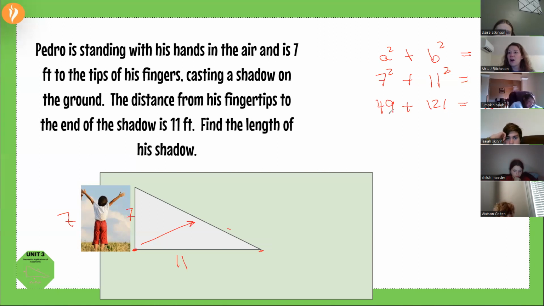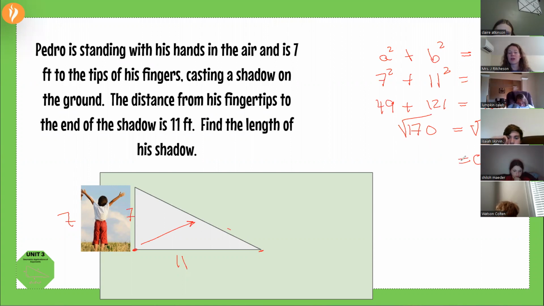All right, so now we are going to add. What's 121 plus 49? Yes, Jimena, thank you so much. 170 is equal to c squared. So how are we going to find c? If c squared is 170, we're going to find the square root of 170. So who knows the answer?